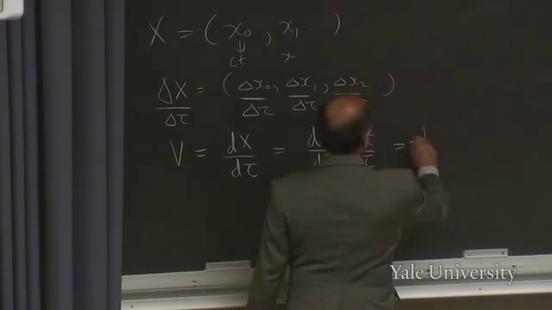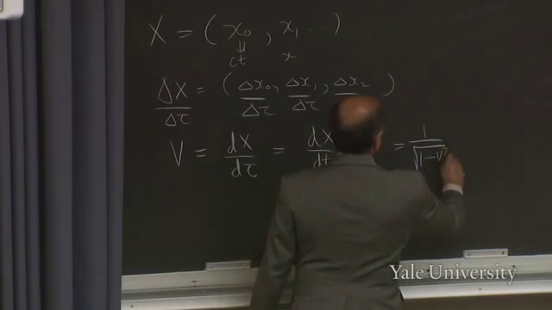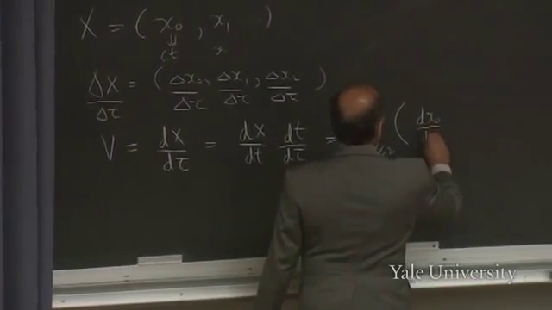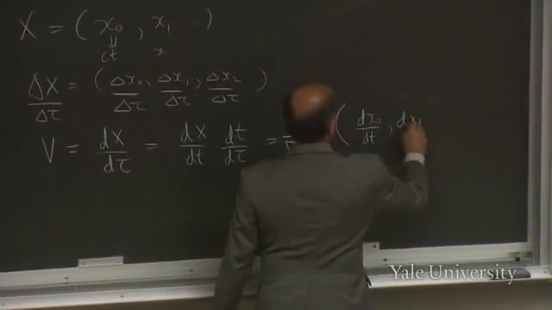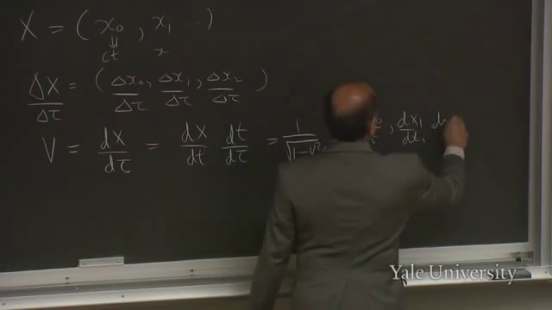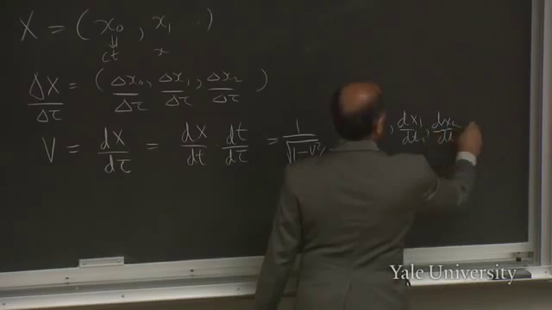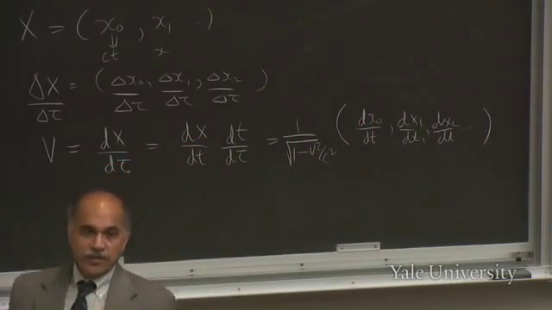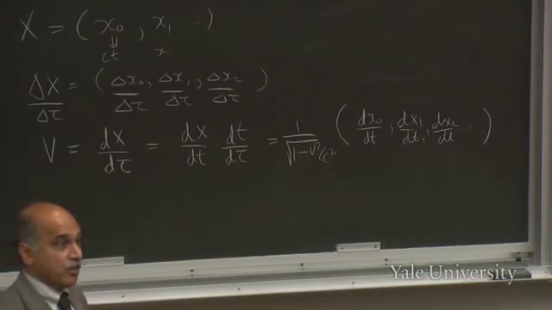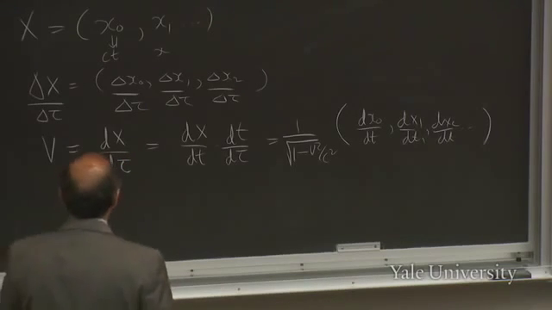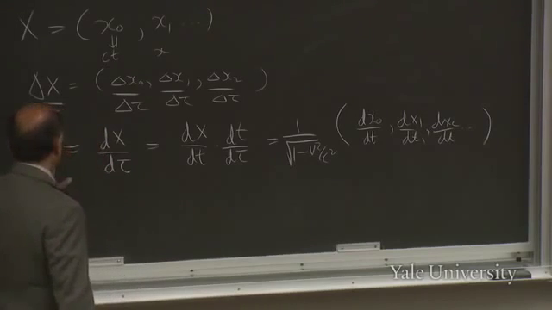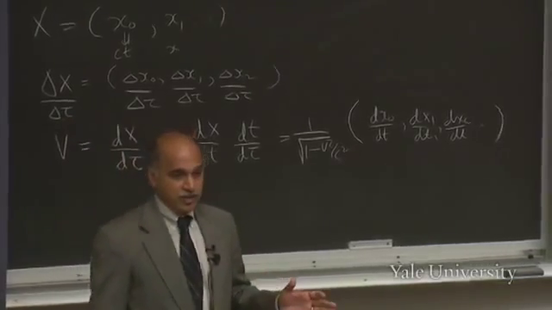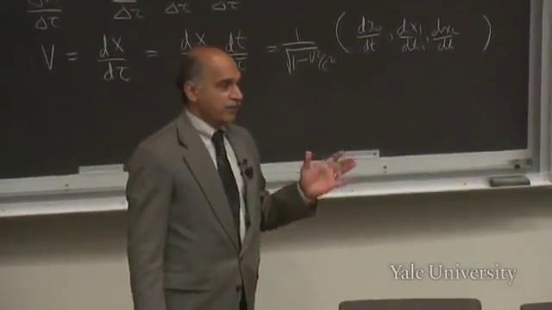That becomes then 1 over the square root of 1 minus v squared over c squared times dx0/dt, dx1/dt, dx2/dt, etc. So you find the rate of change as measured by a clock moving with a particle, and that has the virtue that what you get out of this process will also be a 4-vector. By that I mean its 4 components will transform when you go to a moving frame, just like the 4 components of x.